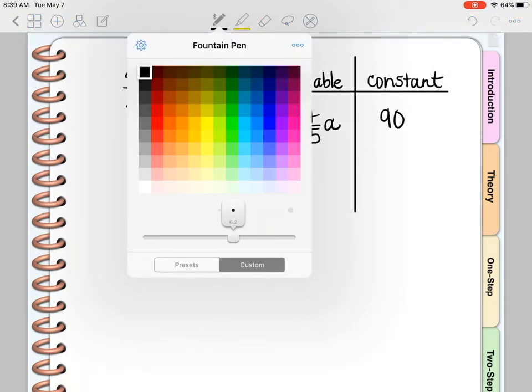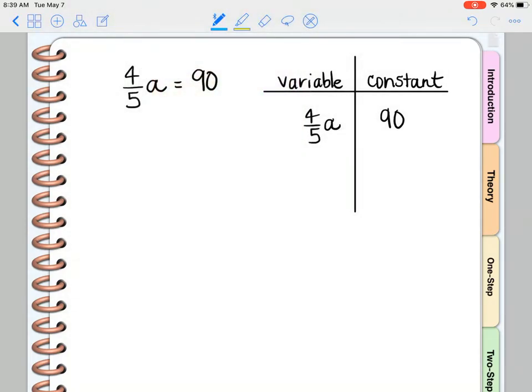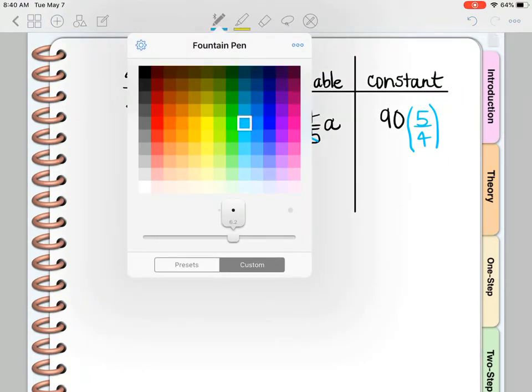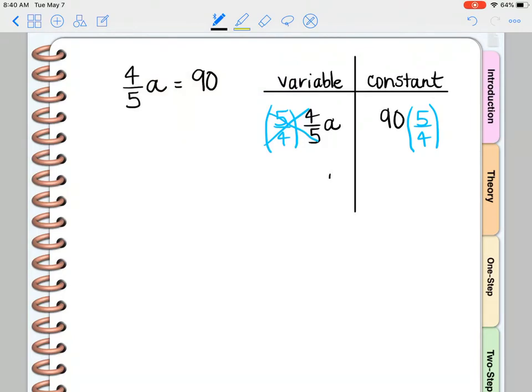Okay, we need to get rid of our fraction, which is 4/5, so I'm going to do the reciprocal. And you did this in the last set of problems, so nothing has changed. And let's go ahead and finish this one. So I have A equals 90 times 5/4 equals, and this time we get a mixed number, and that's okay.